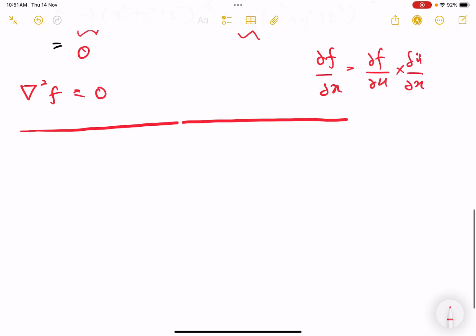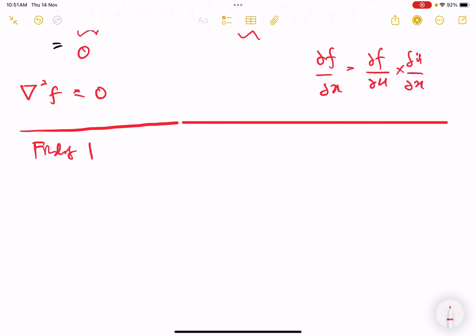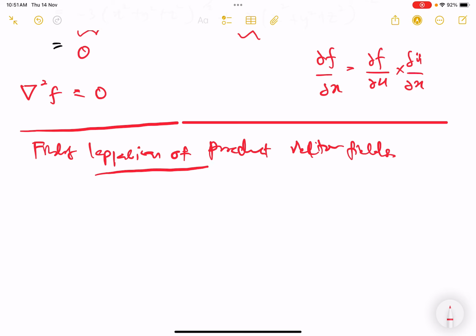Laplacian of a product of vector fields.